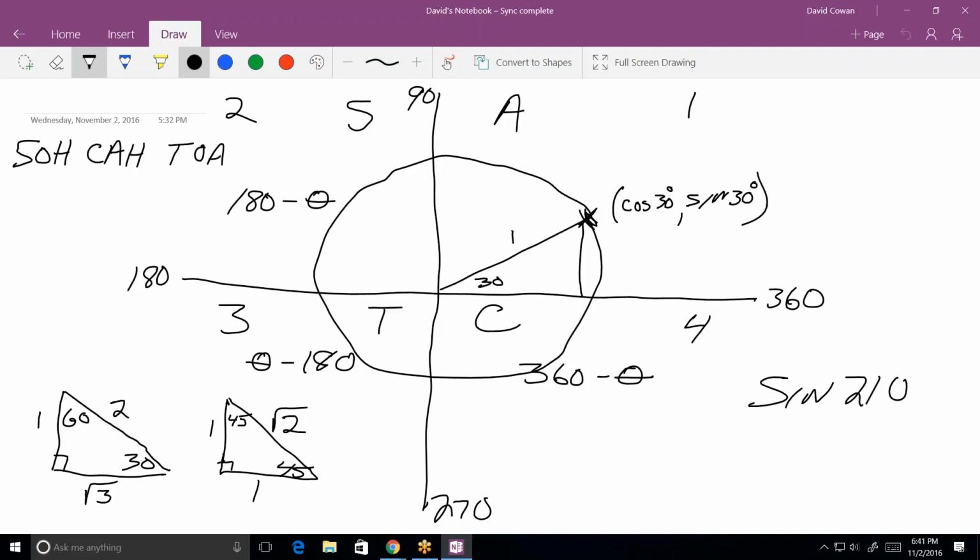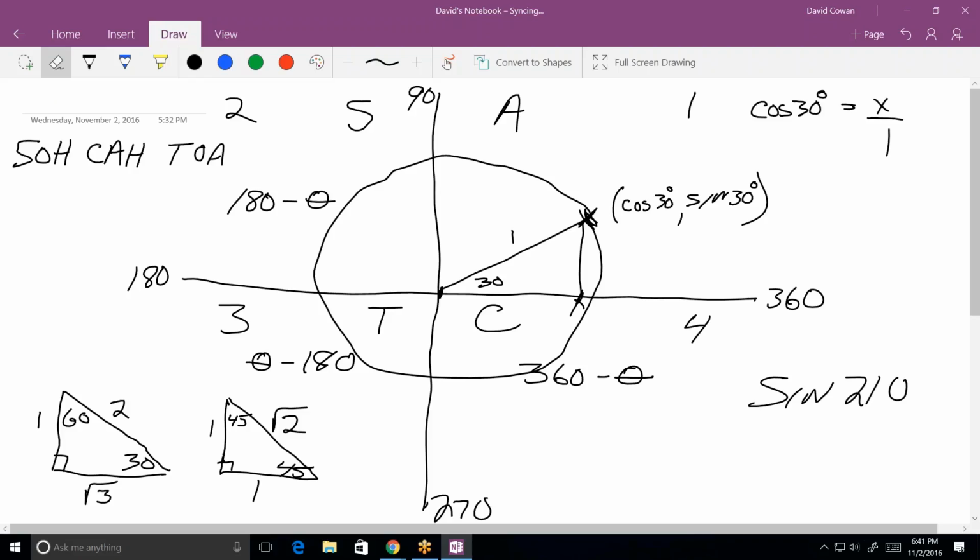In other words, if I say that's the x coordinate right there, well, the length of that adjacent side is x. So I would say the cosine of 30 degrees equals x over 1, right? Adjacent over hypotenuse, which makes the cosine of 30 degrees equal x.